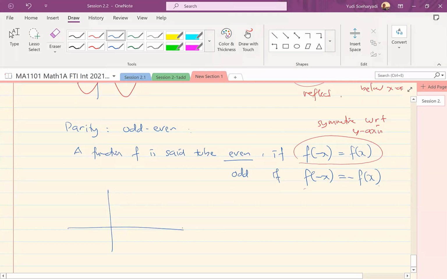If this is known to be this way, for example, and this should be even, then to the left it should look like this one. So this is even. You see that this is a mirror image.